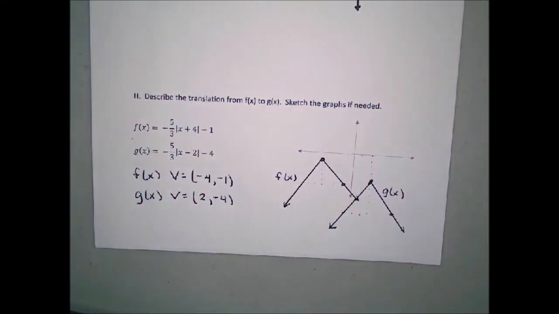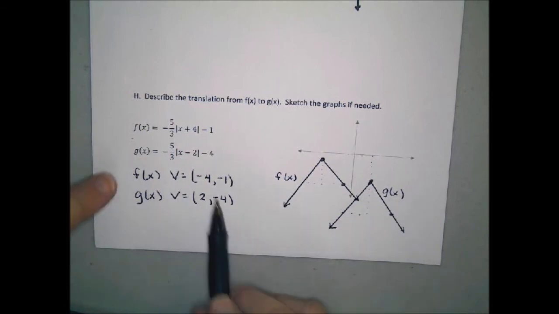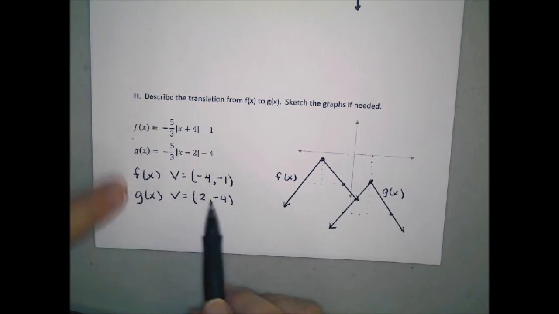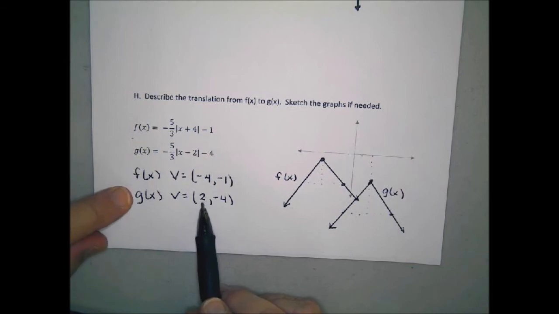And now all we have to do is figure out the transformation. What does it take to get from the f of x graph to the g of x graph? Now let's look at it just from the vertices. If my x is at negative 4, and then it moved and became positive 2, what had to happen to get it there?